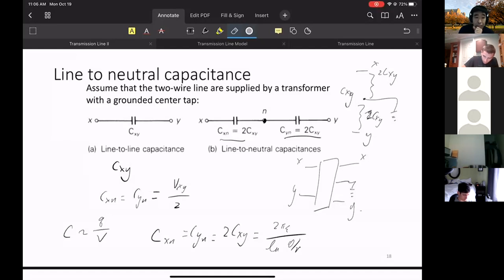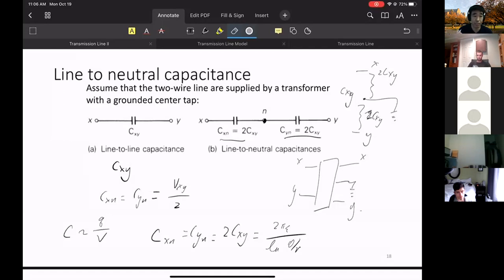Okay, and this is a good thing to remember: as the voltage goes down, the capacitance goes up, because if you're carrying the same amount of charge, then as voltage goes down, the capacitance goes up because it's Q over V. Okay, so this is just one calculation that we often do for buildings.